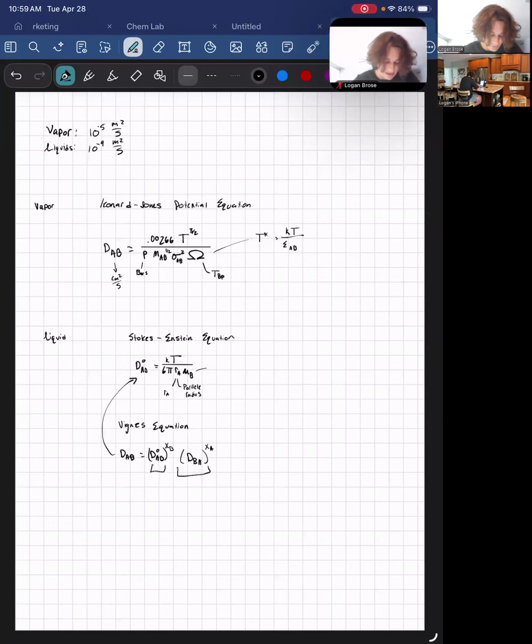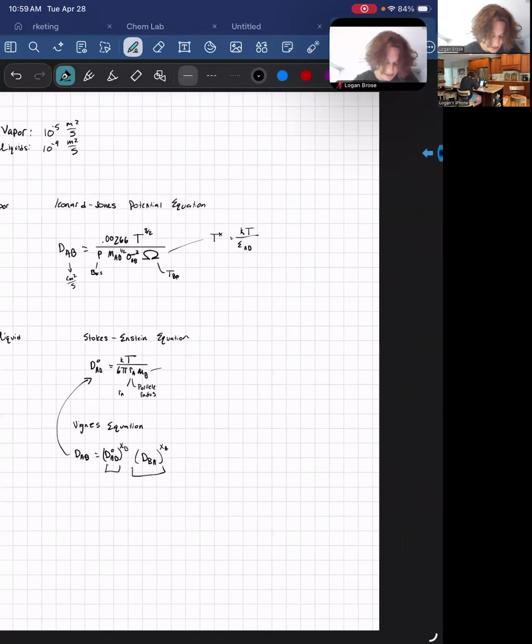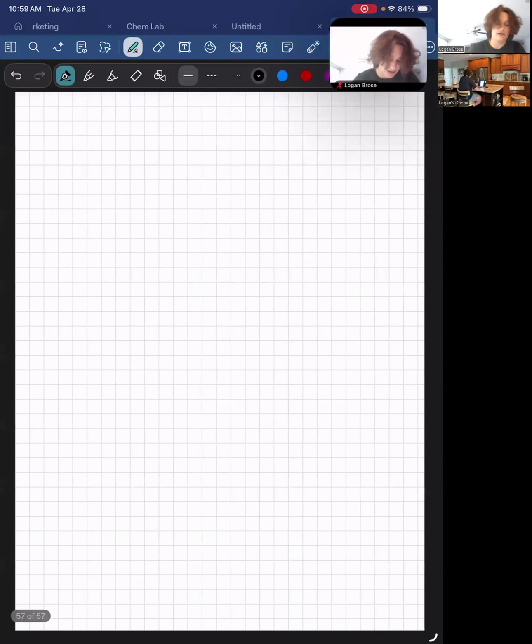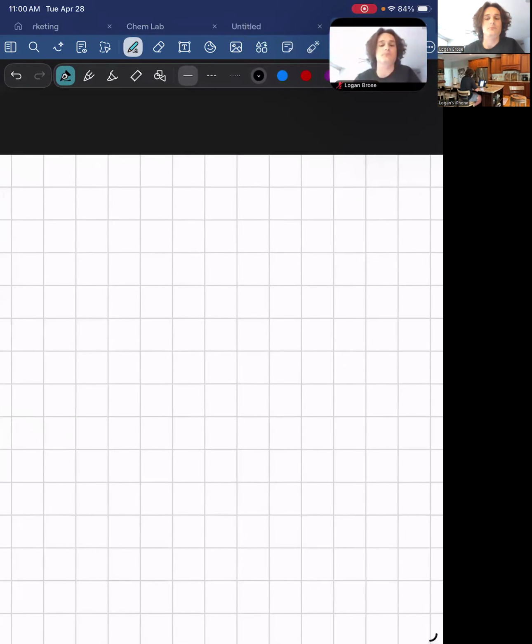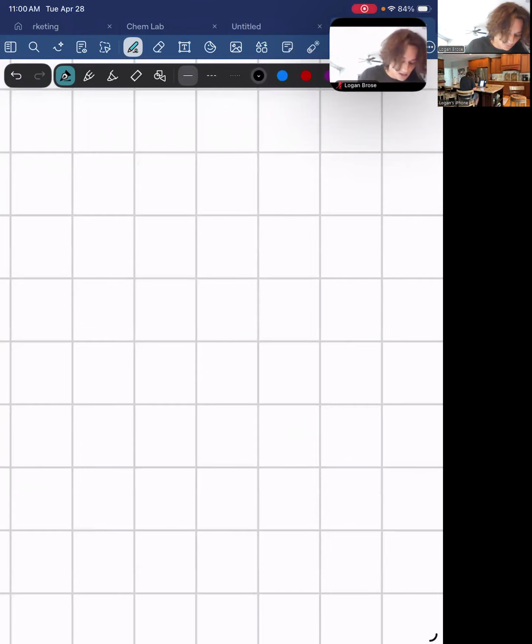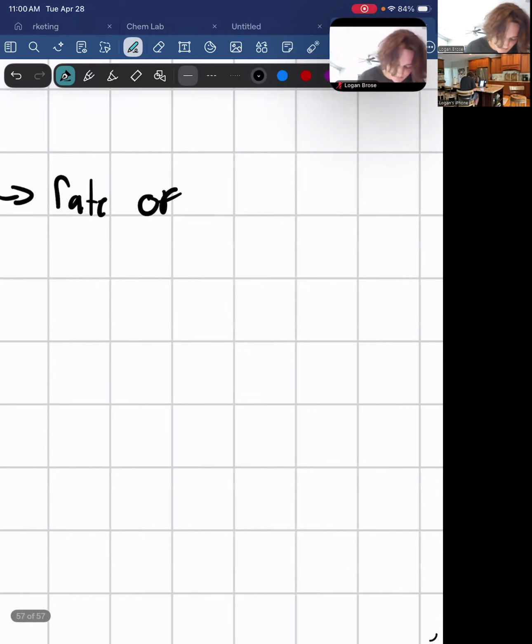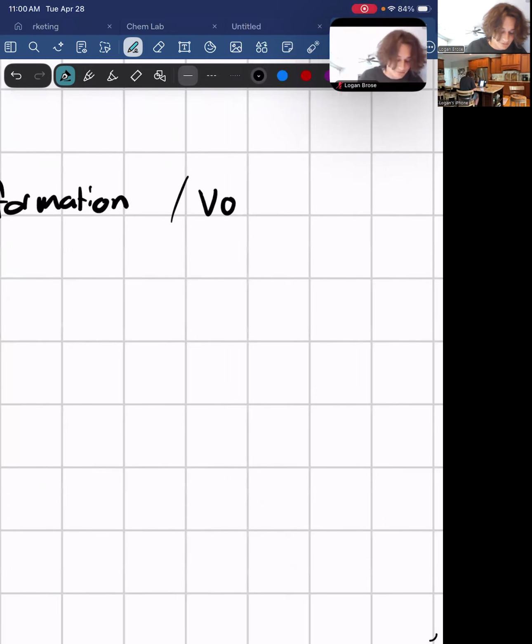So next, we will move on and look at the continuity equation. When we're looking at the continuity equation, we're going to be looking at our rate of formation. This is a per volume value.